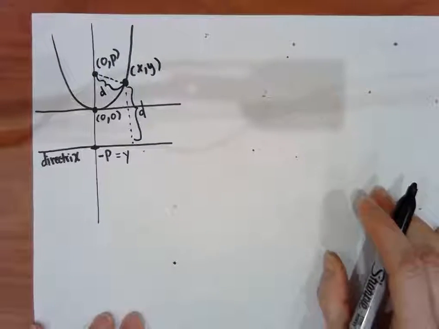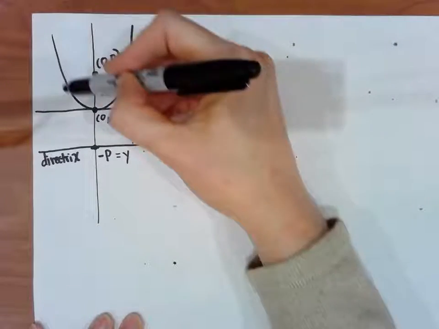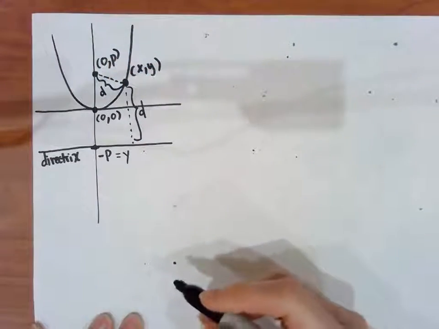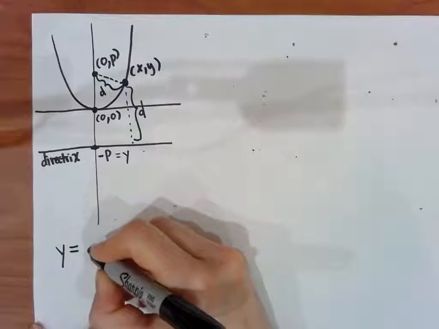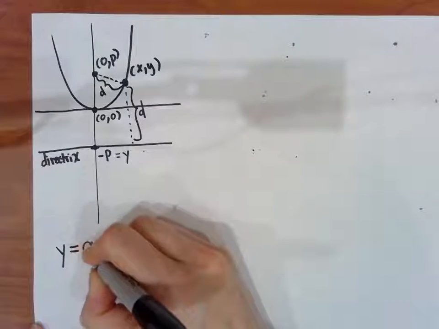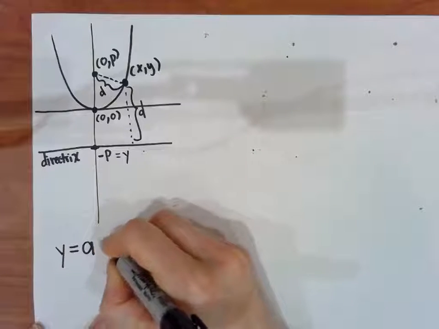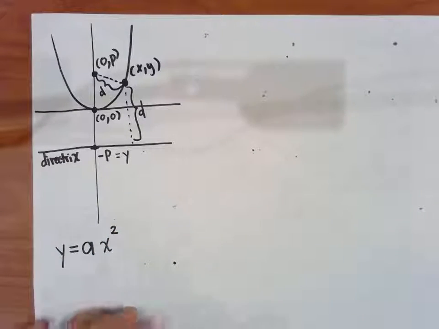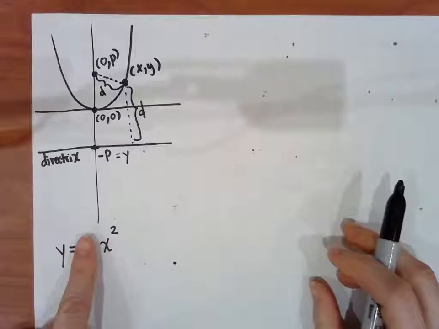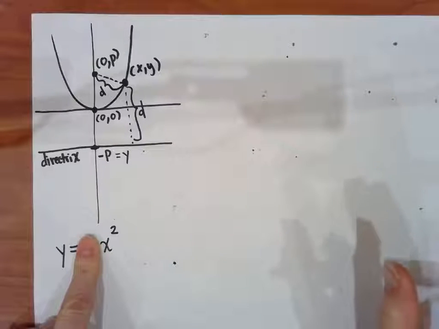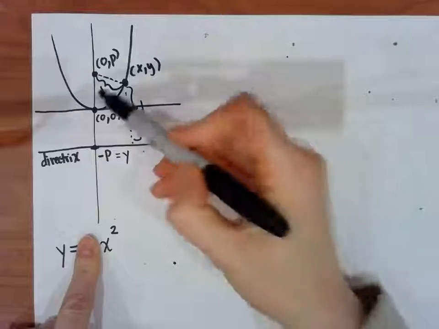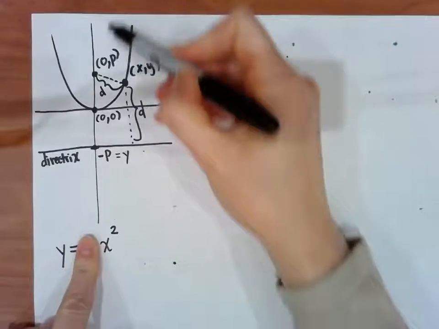Now, because this parabola is centered at the origin, we know that it is y equals some constant, let's just call that constant a, times x squared. You normally just think of a parabola being y equals x squared. That's the parent parabola. But it could be wide like this, it could be narrow like this.